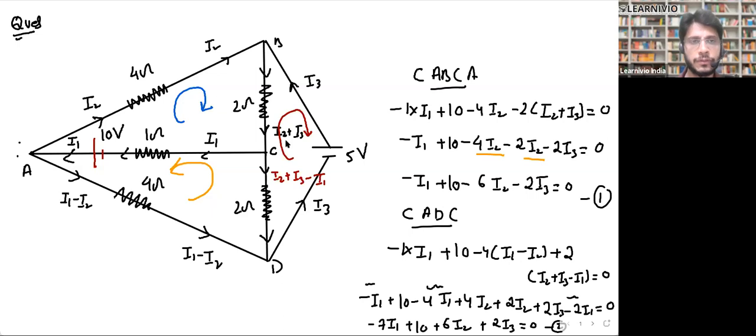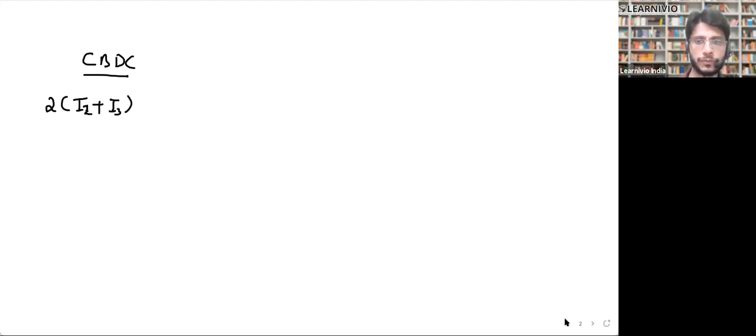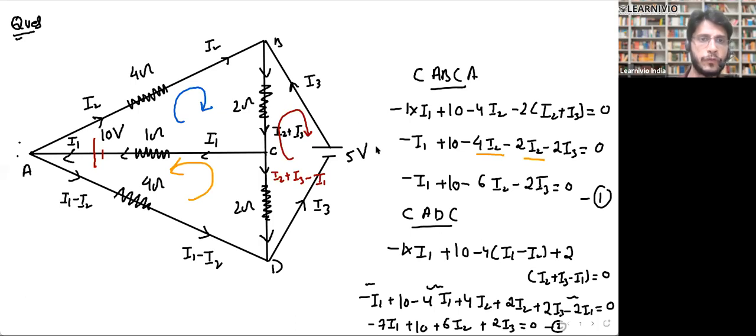We are moving opposite to the current, so it would be positive resistance. So it will be plus 2 times (I2 plus I3). Good. Next, going from B to D, will the sign of the EMF be positive or negative?